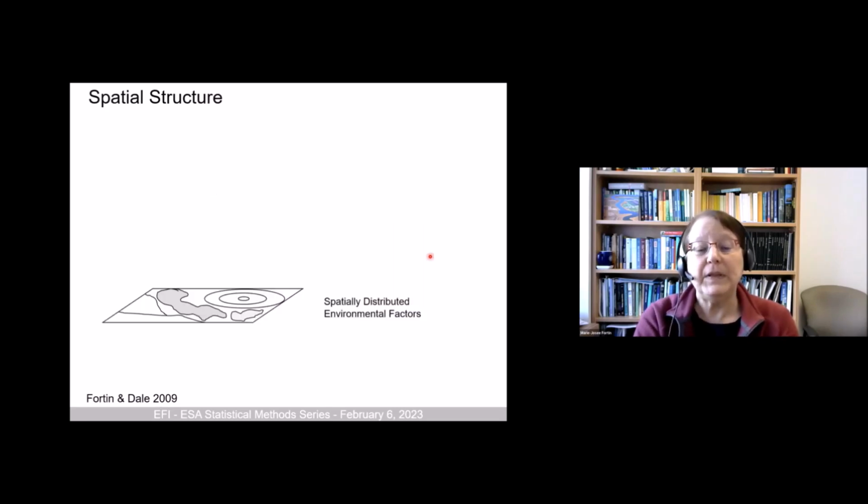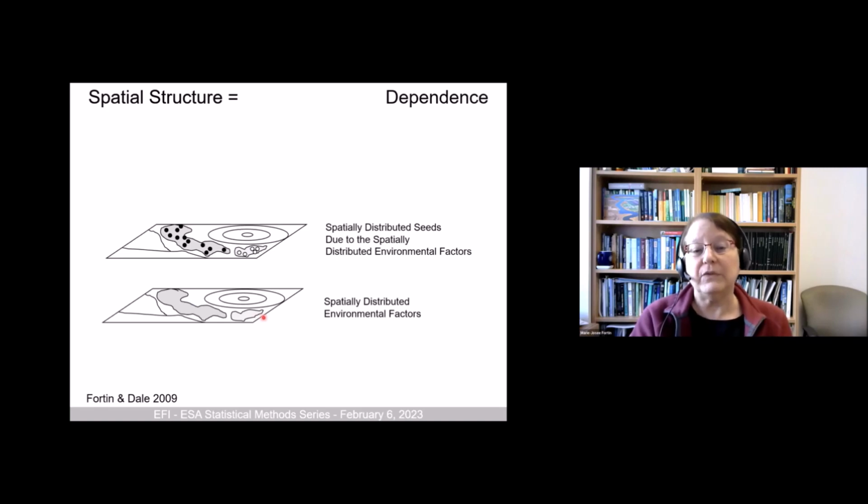But depending on the source of the structure, it's important to differentiate the fact that there could be some spatial dependency due to the environmental conditions. So here in this cartoon below, I have two patches of dark gray and light gray. They have some kind of structure in space, and maybe there are specific seeds that grow on those patches.